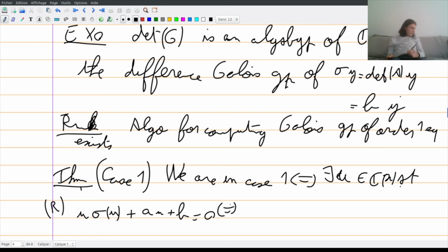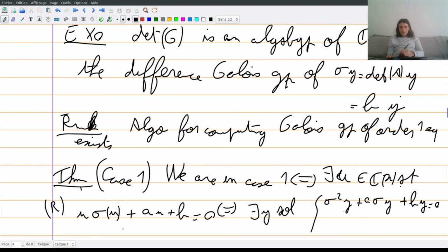And it's equivalent to the fact that there exists y solution of the first equation and the second one.